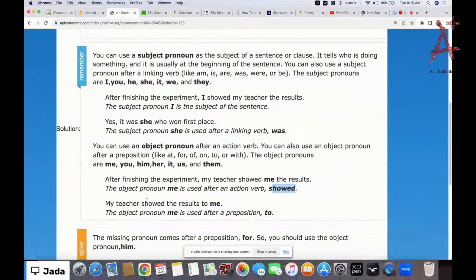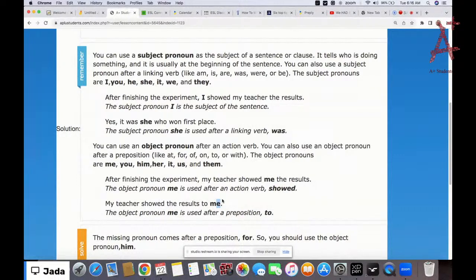And then, my teacher showed the result to me. So the object pronoun me is used after the preposition to. So to me, my teacher showed the result to me. Note that there are prepositions that could come before the object pronoun.